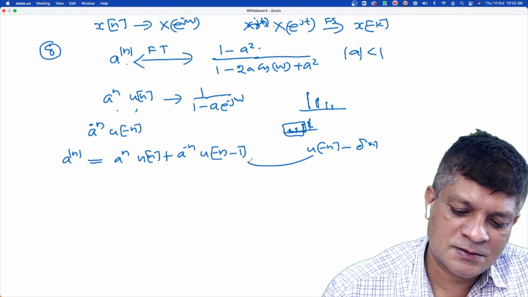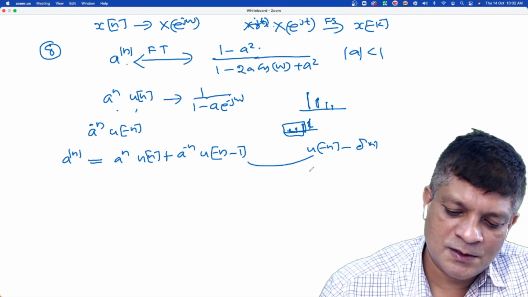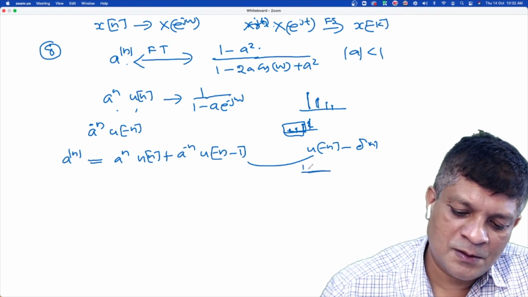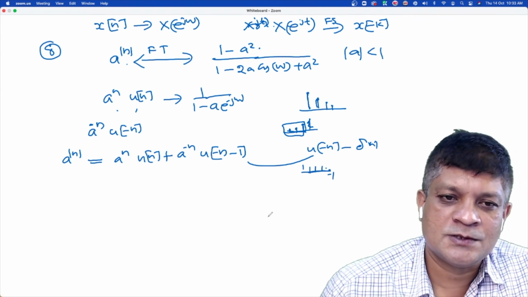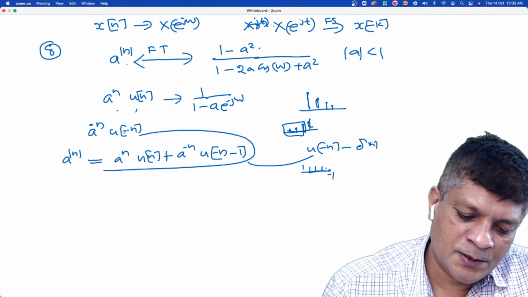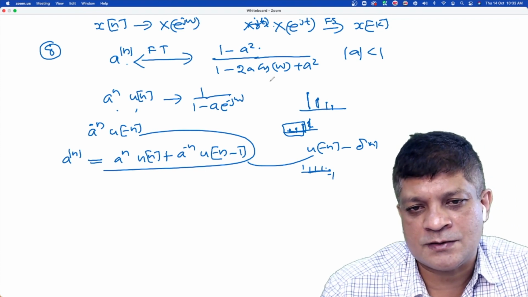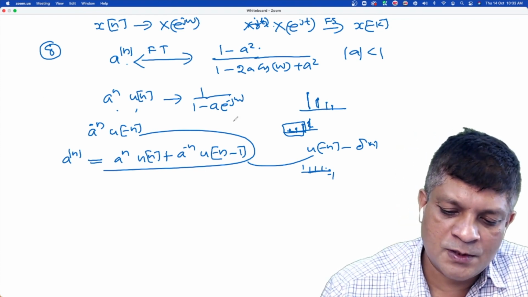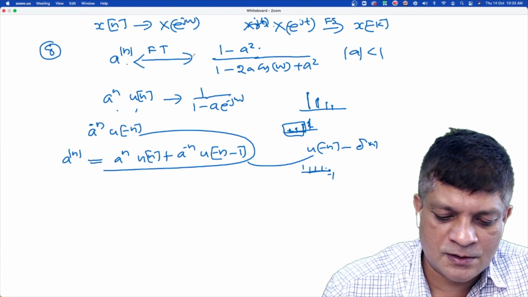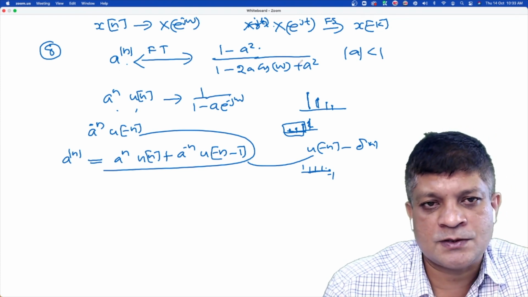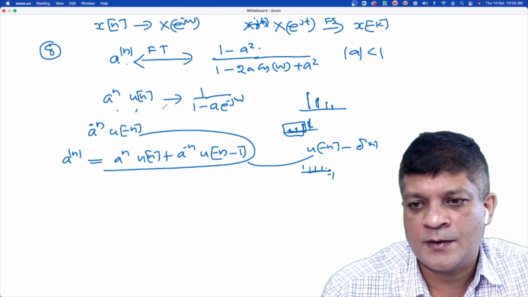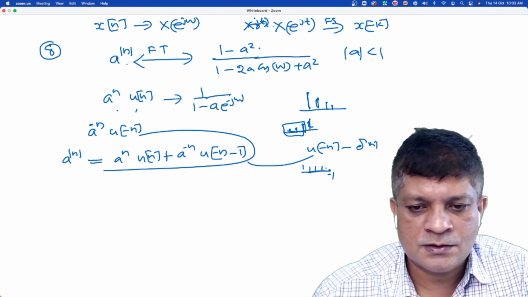That is same as this. It is non-zero up to minus 1, isn't it? And then you use the property, you'll get the standard result. Anyway, that is not related to the duality property. I just mentioned how we derive this standard result from this. Okay, so let me erase this.